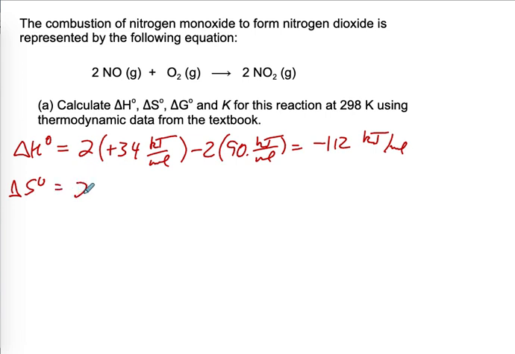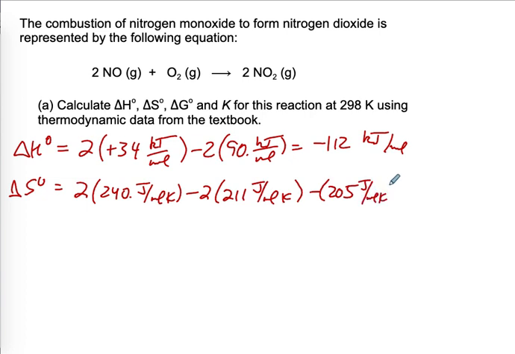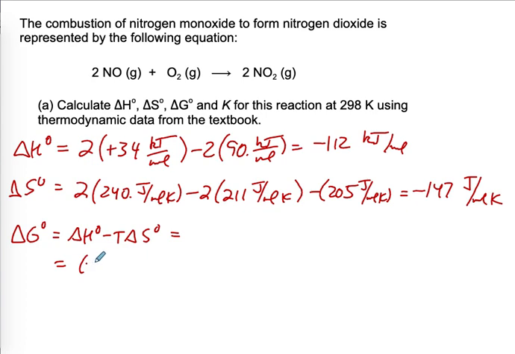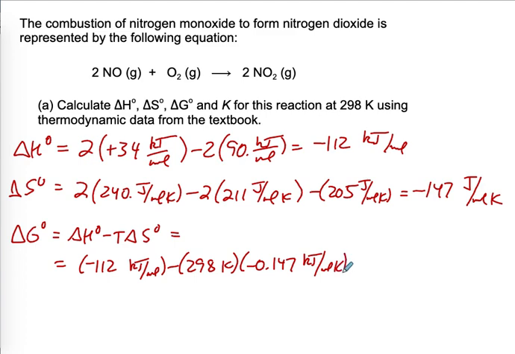The standard entropy change is 2 times the standard entropy of nitrogen dioxide minus 2 times the standard entropy of NO minus the standard entropy of O2 gas, which is negative 147 joules per mole K. And I'll calculate the standard free energy change using delta H naught minus T delta S naught, which equals negative 112 kilojoules per mole minus the temperature, 298 Kelvin, times negative 0.147 kilojoules per mole Kelvin, which equals negative 68 kilojoules per mole.